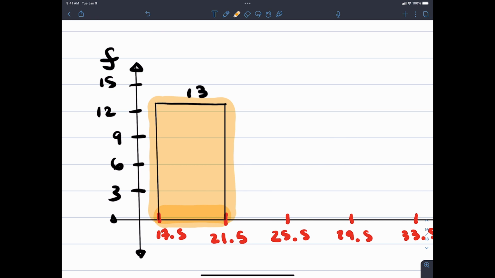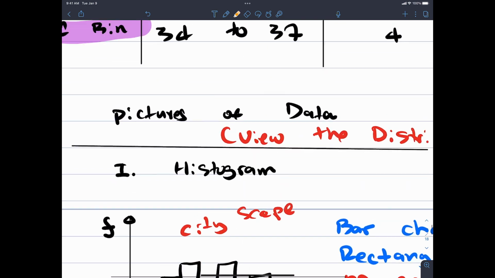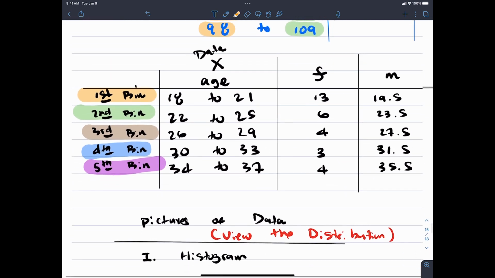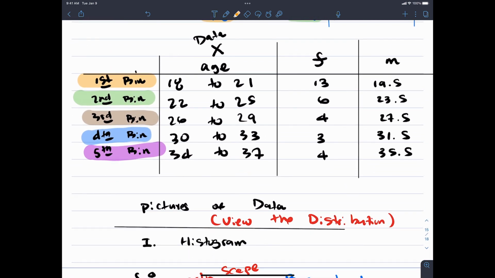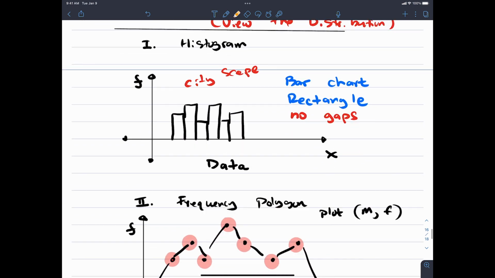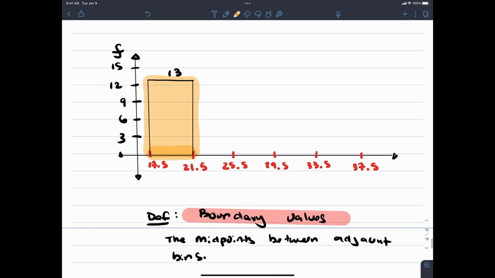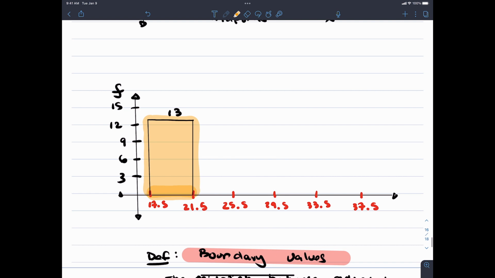We're going to do that for every one of these bins and their frequencies, okay? So the second bin in green, what's the frequency? 6. So I'm going to have to draw a rectangle again. But this time, the altitude is what? 6.